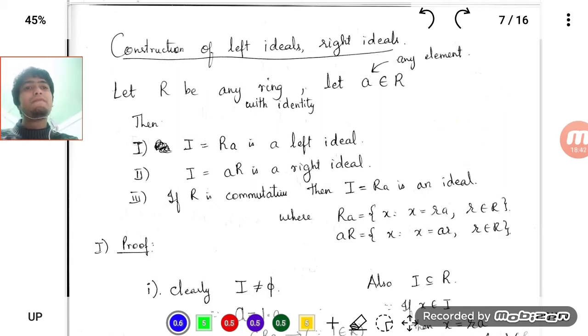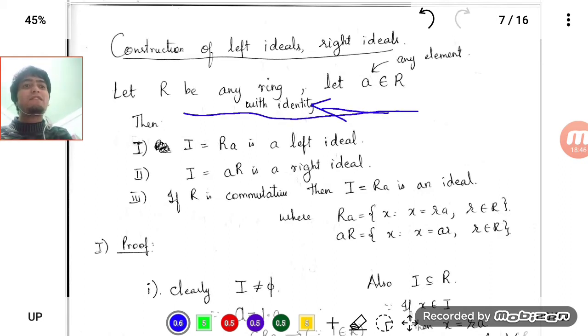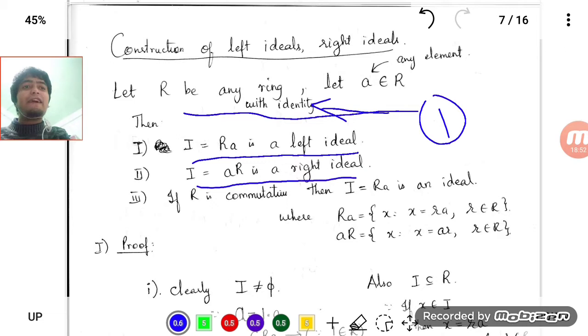Let R be any ring with identity. Identity means it contains the element 1. I equal RA is a left ideal. I equal AR is a right ideal. Remember that an ideal is a set. So when you say I equal RA, it means that RA has to be a set. How do we define this RA?